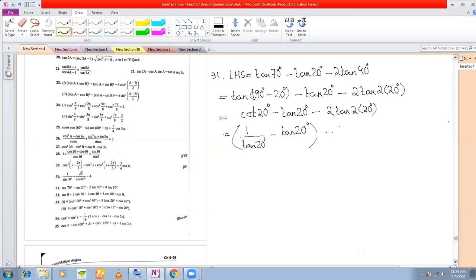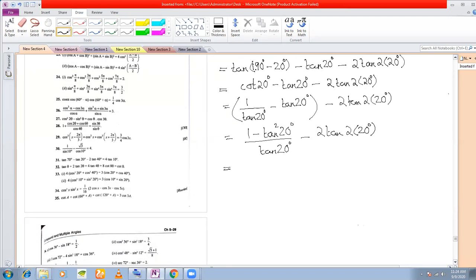Keep this together and write this as it is, 2 tan 2 into 20 degree. Now take the LCM, you get 1 minus tan square 20 degree divided by tan 20 degree, minus 2 tan 2 into 20 degree.